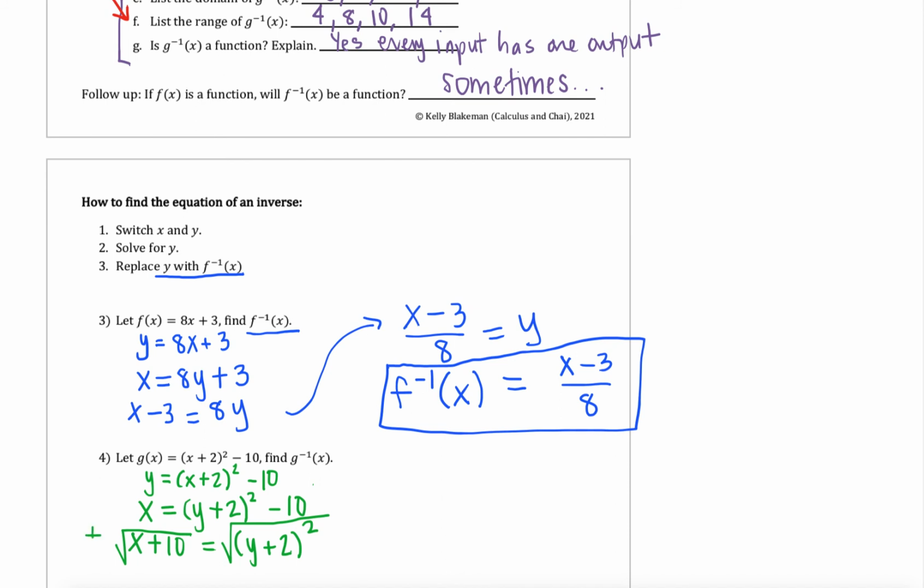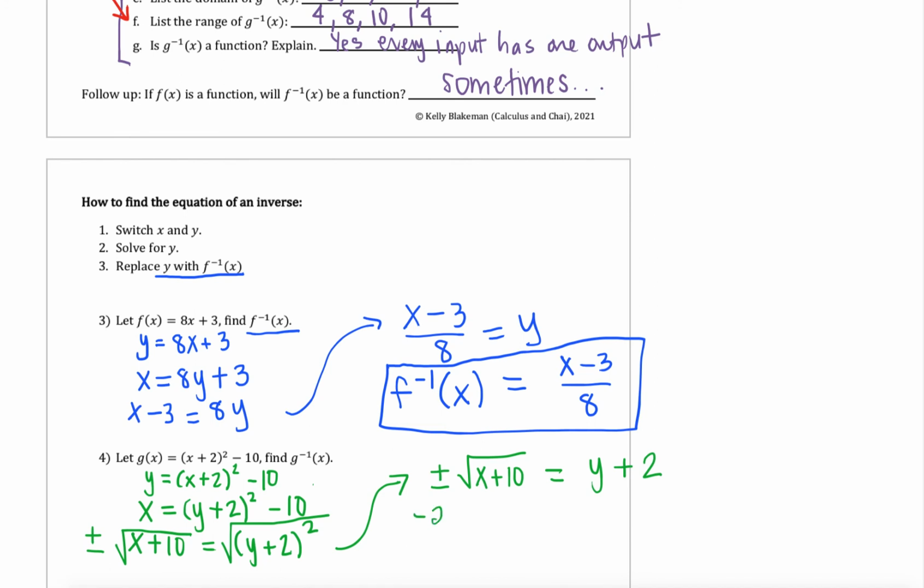And lastly, we do need to add that plus or minus in front of the square root because we are applying that square root. From here, if we simplify a little bit, we get plus or minus the square root of x plus 10 equals, well, the square and the square root canceled, and we get y plus 2 on the right. The last thing to do from here is subtract 2 and move it to the other side.